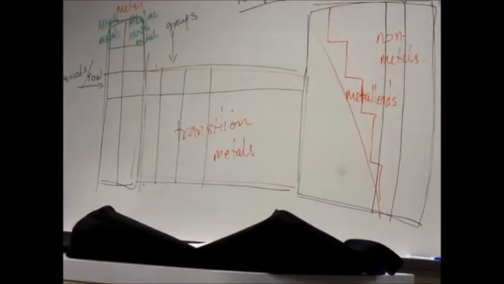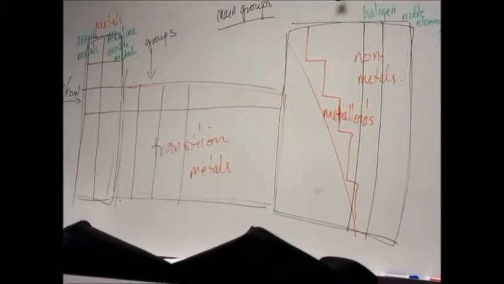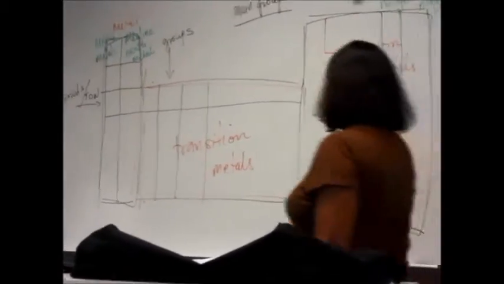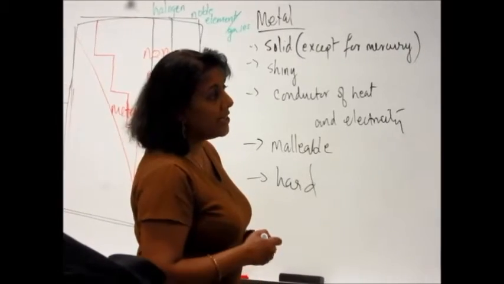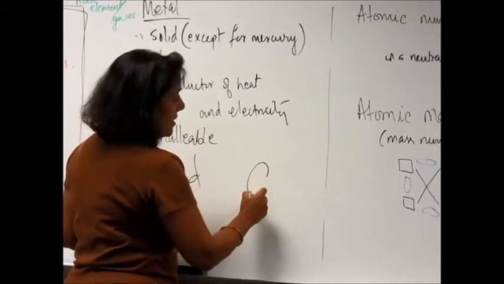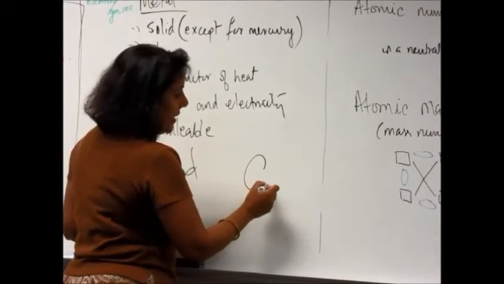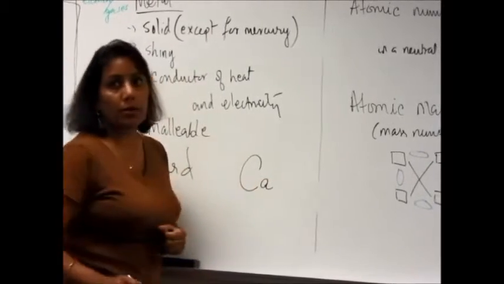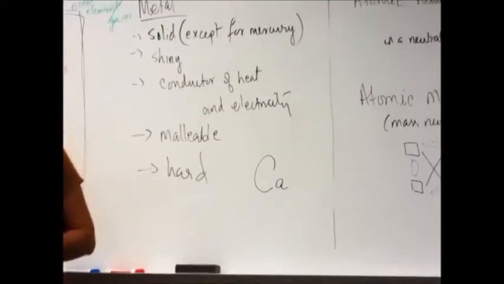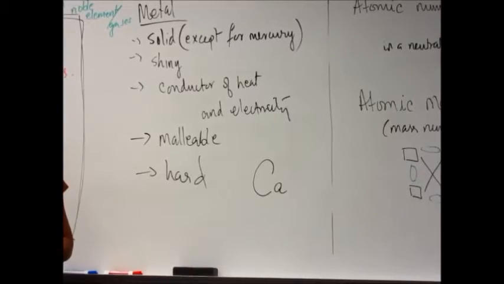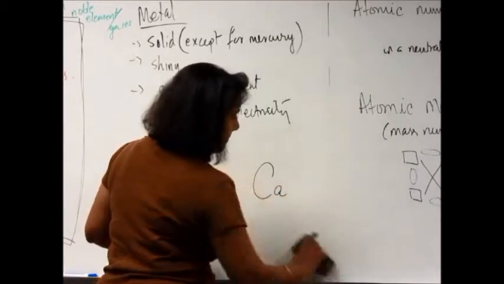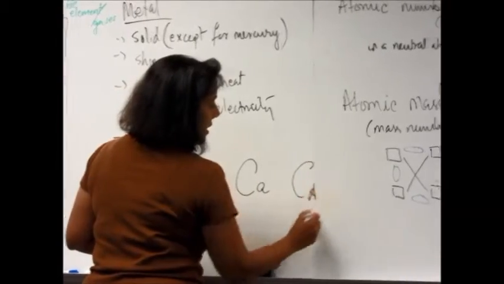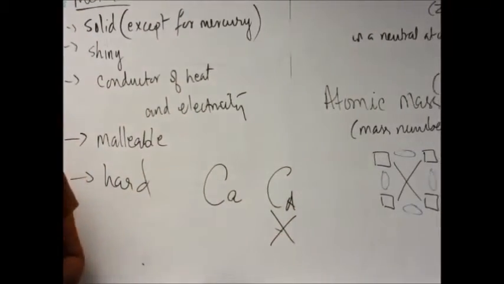Over here, what we do, and you will see that for all of this, is the first letter that you write is a capital letter. The second letter that you write is small. That is how you write a chemical symbol, an element. You do not write it like this. That's wrong.